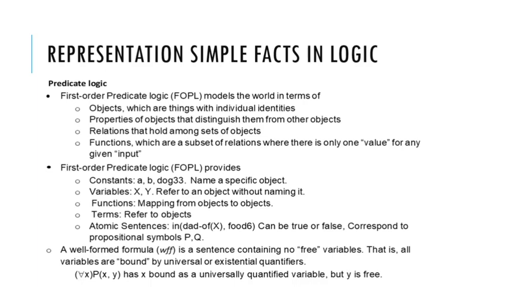Here, predicate logic uses the first order FOPL model, right? That shows the world in terms of objects, which are things with individual identities, so that each and every object in the real world can be represented as an object, right, having its own identity.